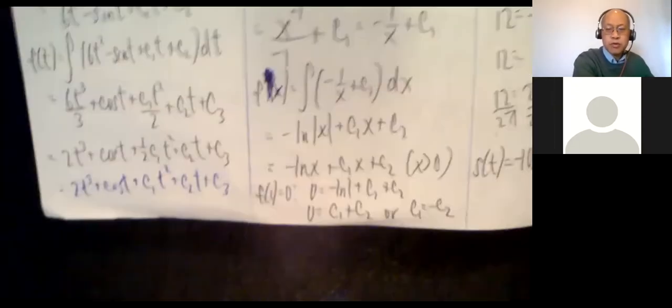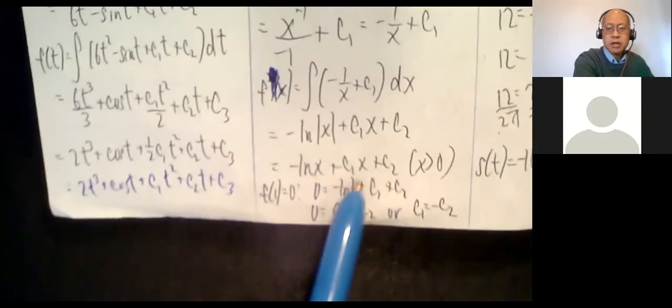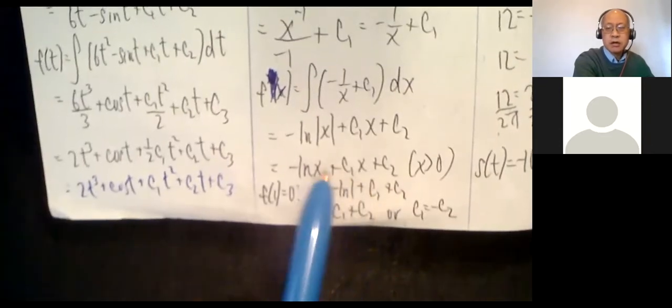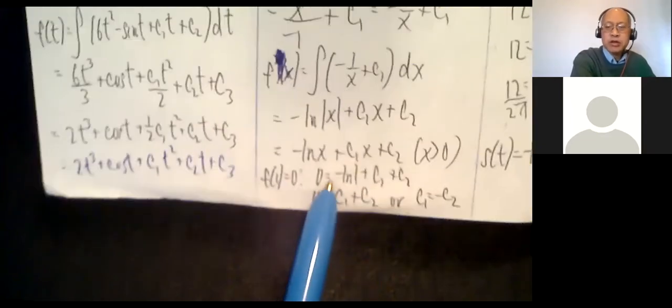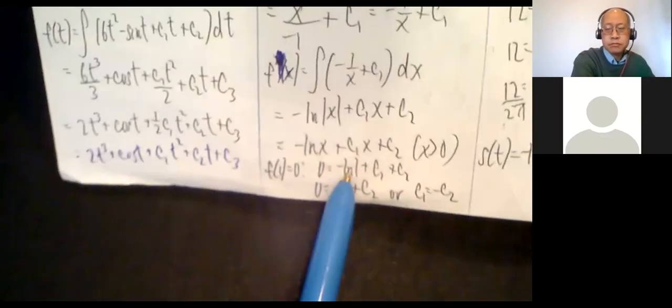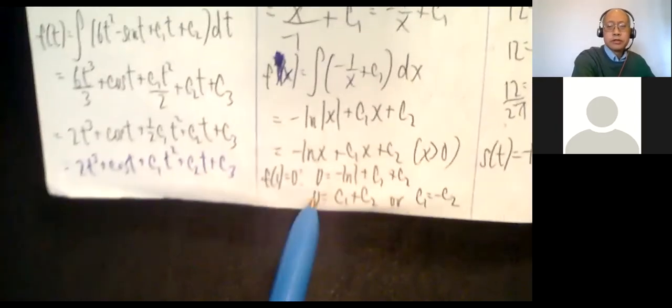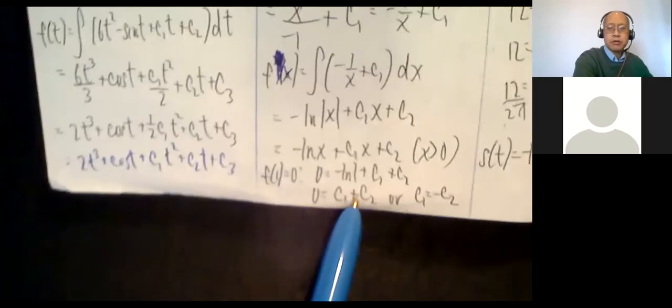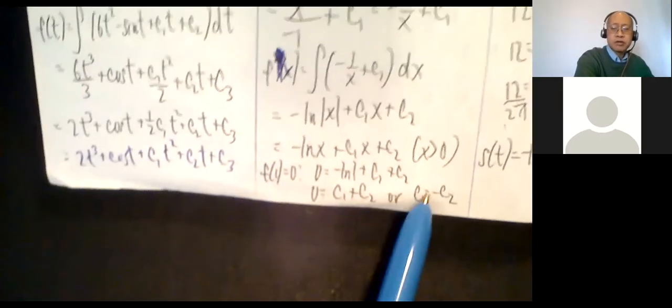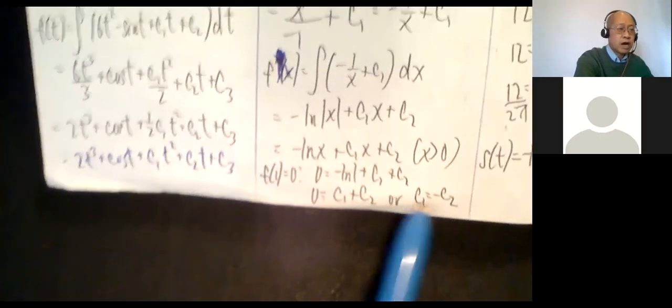Plug in 1: negative ln 1 plus c1 plus c2. Now natural log of 1 is 0. So 0 equals c1 plus c2. Subtract c2 on both sides: c1 equals the negative of c2. c1 and c2 are opposites.